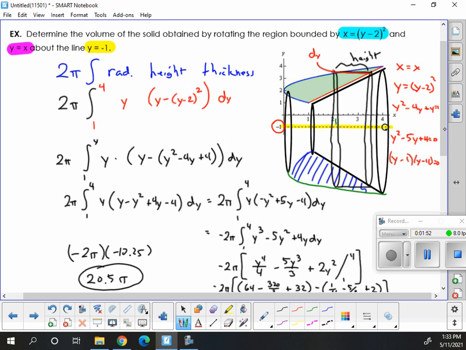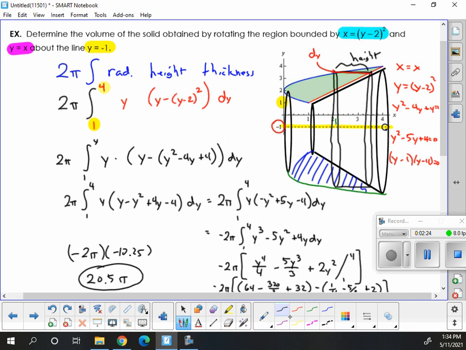Okay? And so I've got the boundaries, 1 to 4 for y, meaning that I'm going to start adding when y is 1. And notice that for this first cylinder, the radius would be y from the x-axis up to that, plus 1 for what's below.